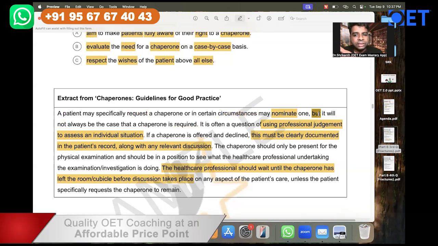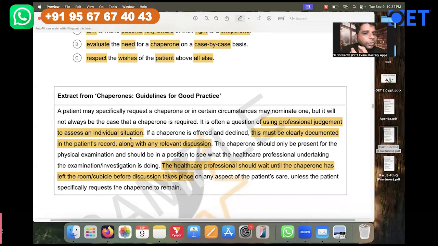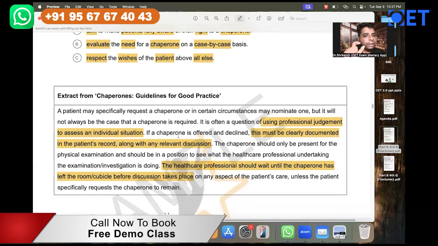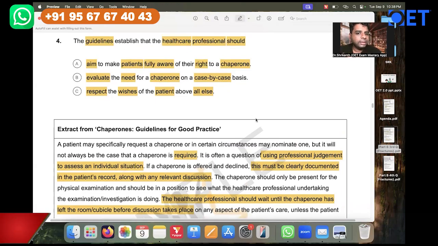So this is an instruction to the healthcare professional. So here they're telling it is often a case of using professional judgment to assess an individual situation. Means whether a patient requires a chaperone, that decision is to be taken by the healthcare professional.